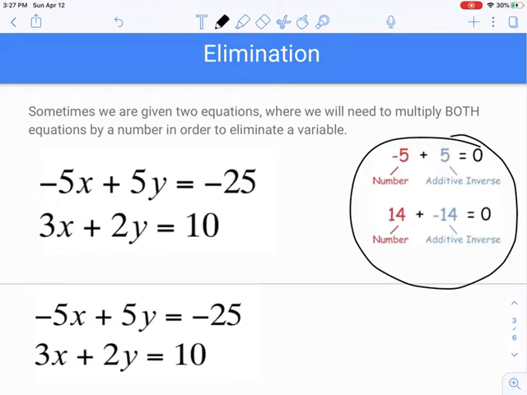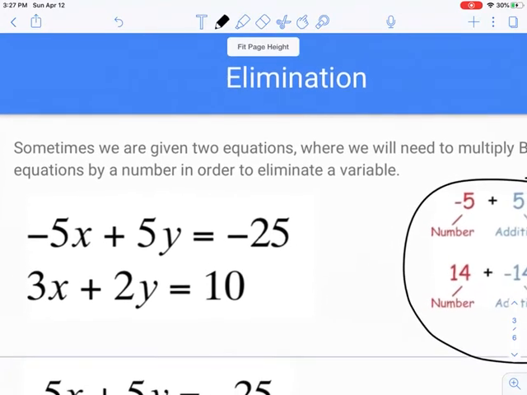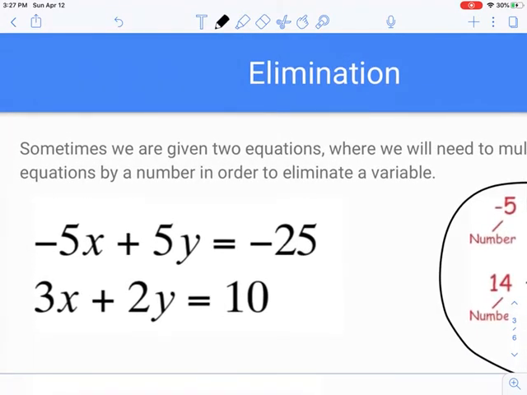0. So if we look at the example we have here, negative 5x plus 5y equals negative 25. We also have 3x plus 2y equals 10. Now if you look, we cannot multiply 3 by any number to give us a 5. We cannot multiply 5 by any number to give us a 3.